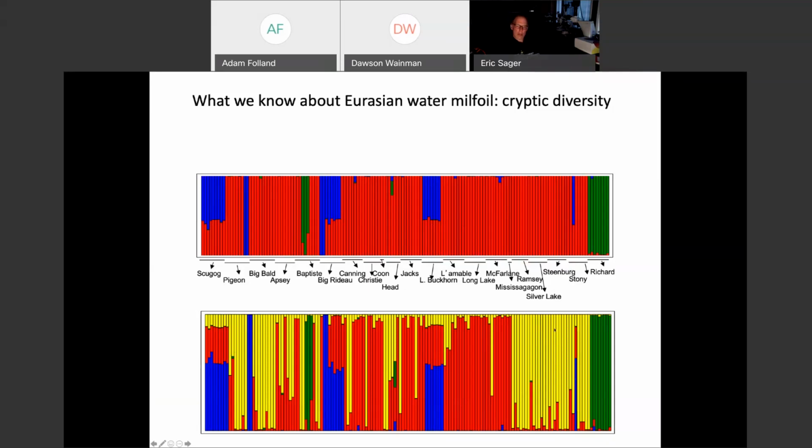And this yellow one seems to occupy those lakes that are up on the Canadian Shield.